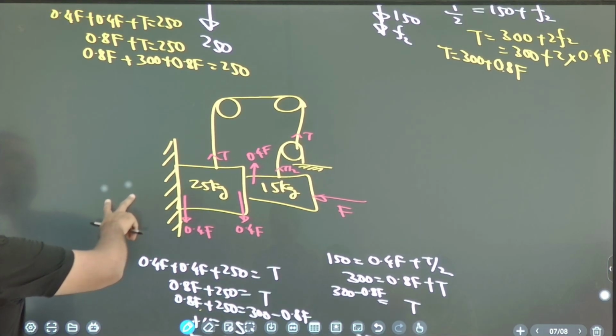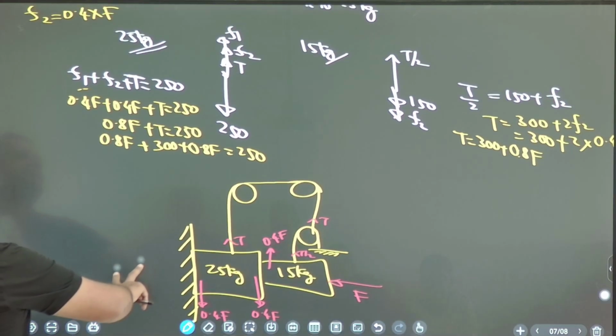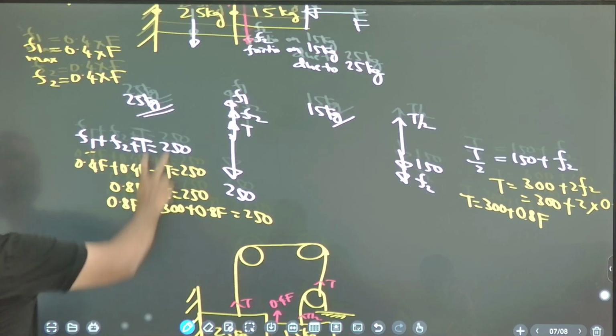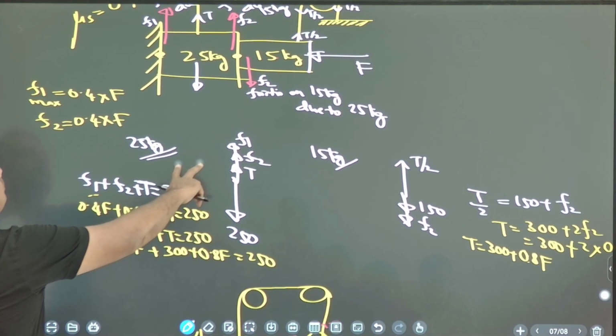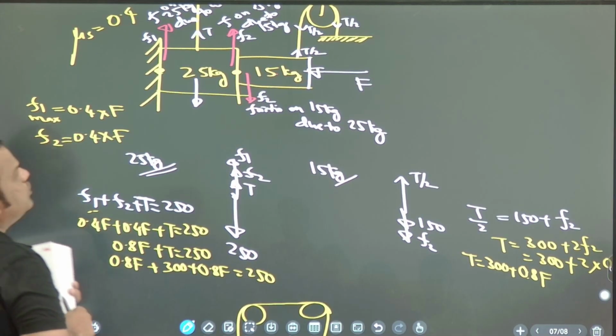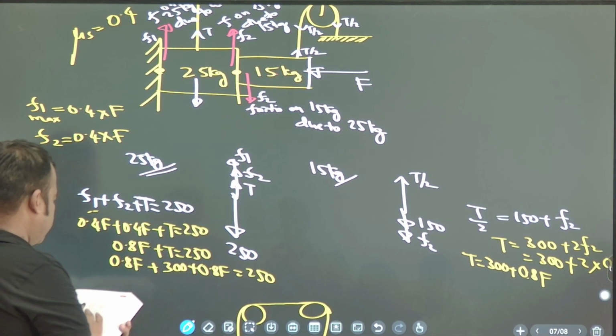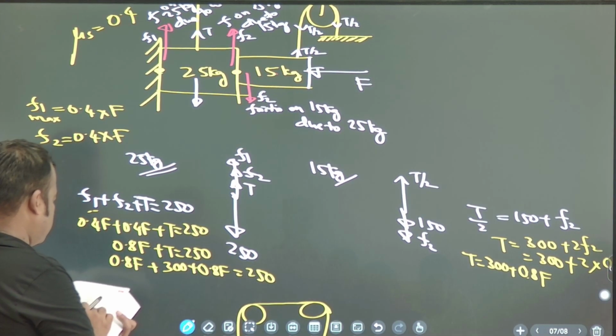In the solution they have given like this. Yes. Tension is 2T. Okay, okay.